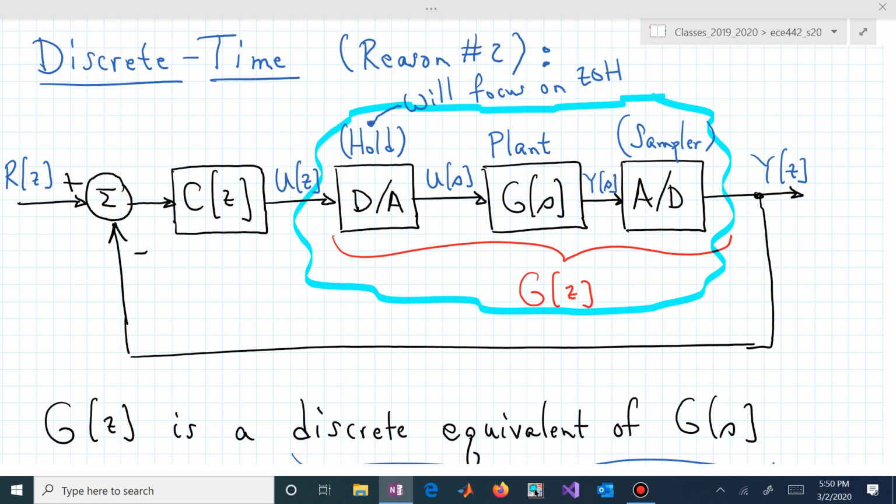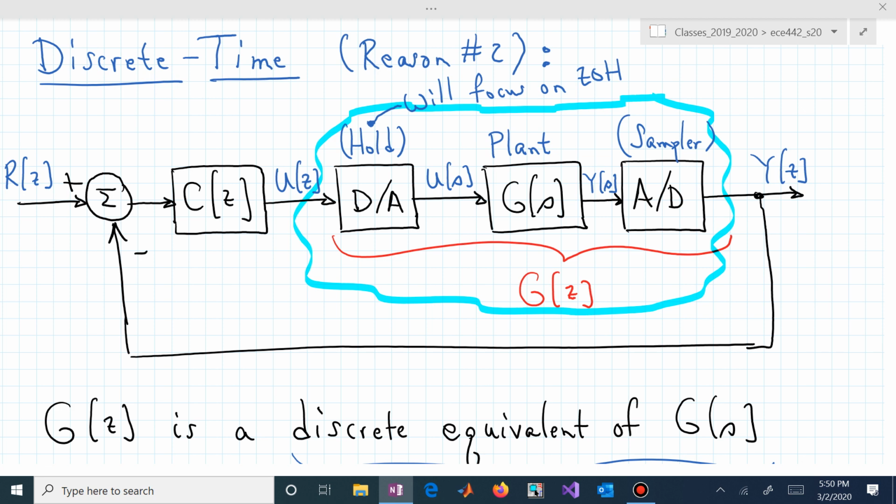So now in this conversion, in reason number 2, in this discrete equivalent scenario, we are incorporating the D to A and the A to D. We're packaging all of that together with G of S to produce a capital G of Z. We're figuring out how those are influencing G of S, and now the result is a capital G of Z. So now if you're analyzing this block diagram, you have two system transfer functions, a C of Z and a G of Z, and everything that's happening is a discrete analysis.